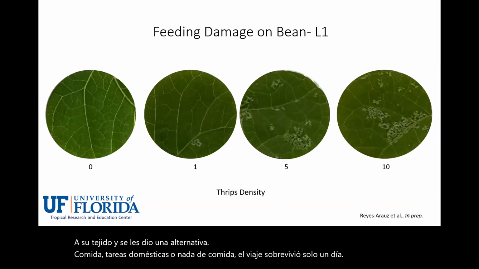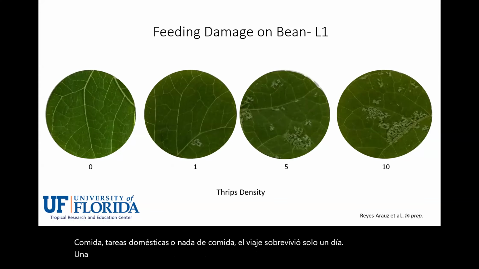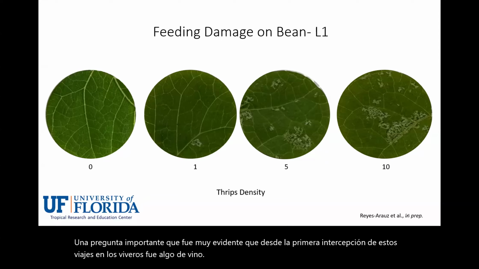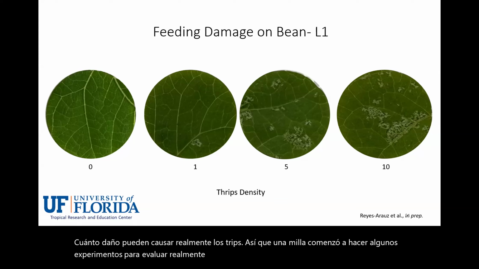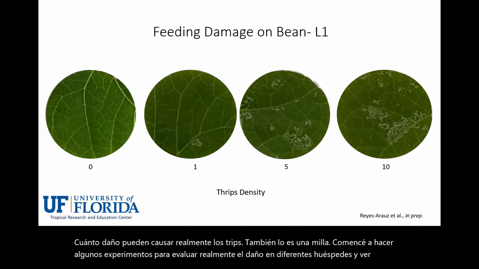An important question that was very evident since the first interception of these thrips in the nurseries was how much damage the thrips can actually cause. So Isamar started doing some experiments to really assess the damage on different hosts, and she worked on vegetable hosts as well as ornamental hosts.